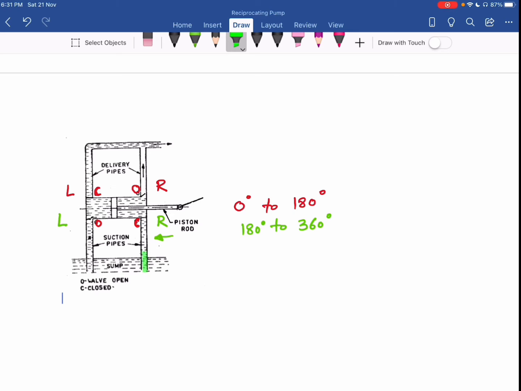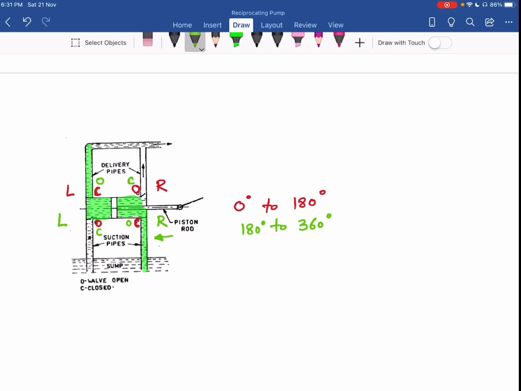So water comes from this side. So here the suction takes place, and water delivers from this side to the delivery pipe. Okay, so at that very time, this suction valve is open, this suction valve is closed. Okay, then this delivery valve is closed, and this delivery valve is open.